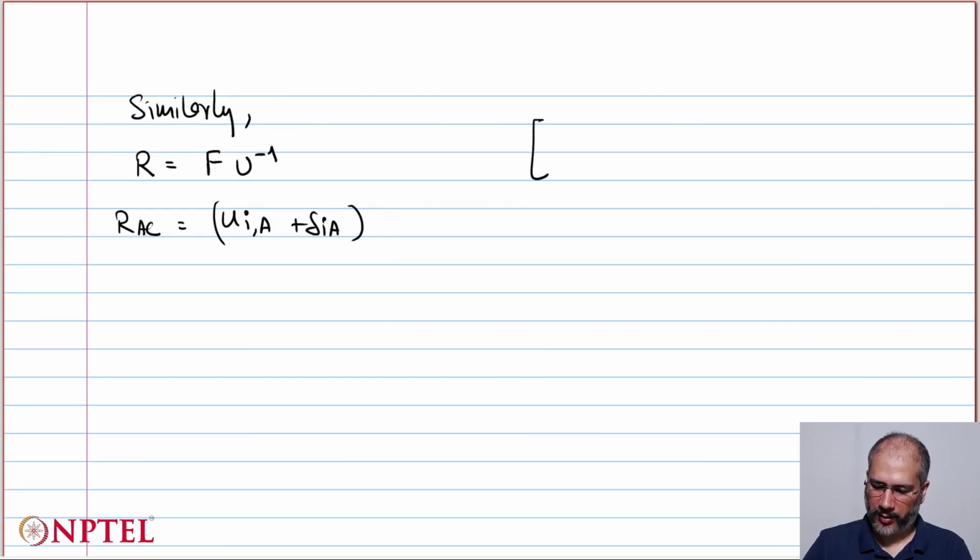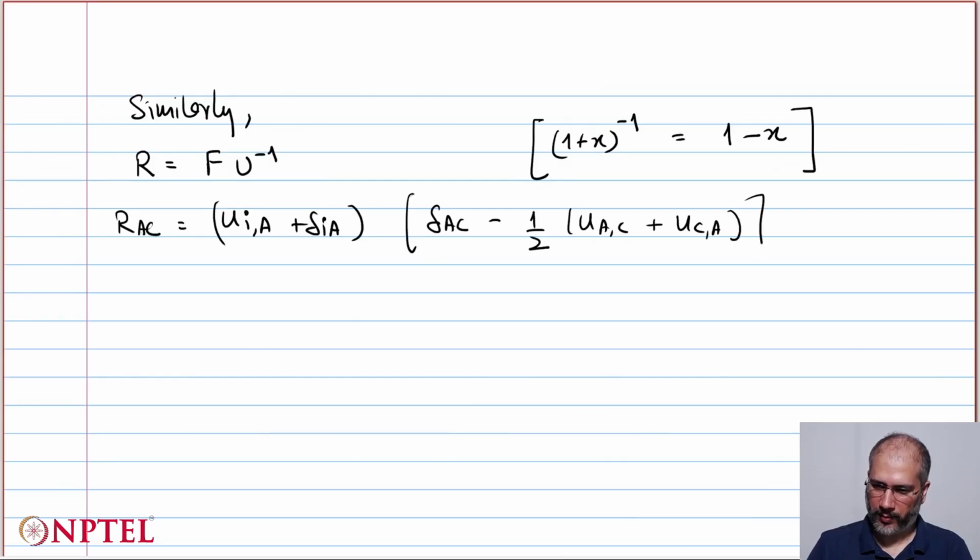Now again remember, 1 plus x to the power of n, where n is minus 1 here, can be written as 1 minus x. So this U inverse becomes delta_AC minus a half of u_A comma C plus u_C comma A.